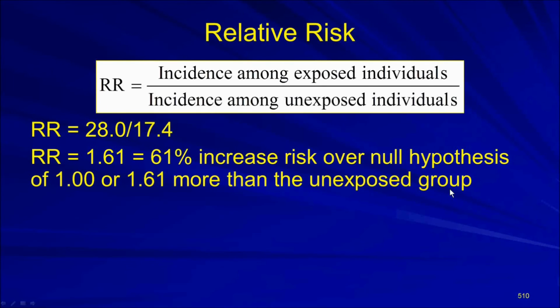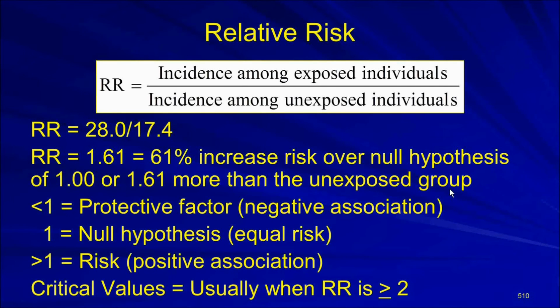So you can talk about it in two different ways. You can say it's a 61% increase, or it's 1.61 times greater than the unexposed group. Okay? Now, this is how we look at values, and I want to take this slowly with you. If the relative risk is 0.78, that means it's a protective factor. That's a behavior you ought to engage in. Let's say it's 0.54. That's something you ought to do. Sometimes we find that the relative risk for exercise falls into these numbers under 1, the null value.